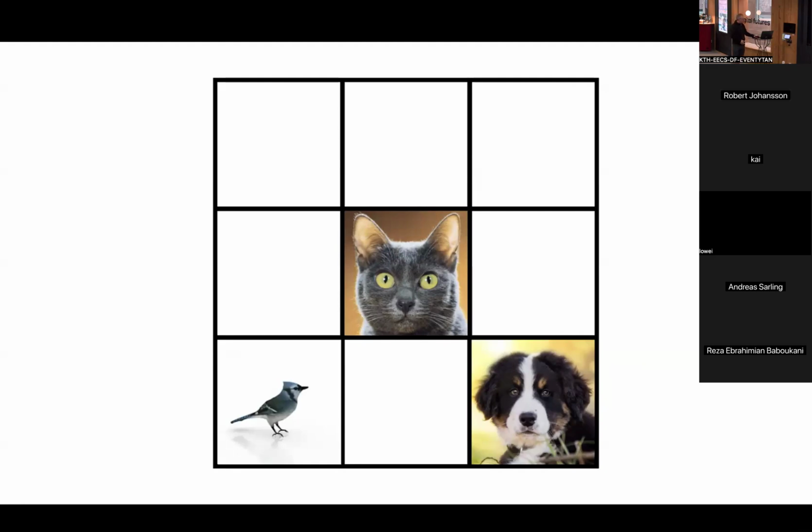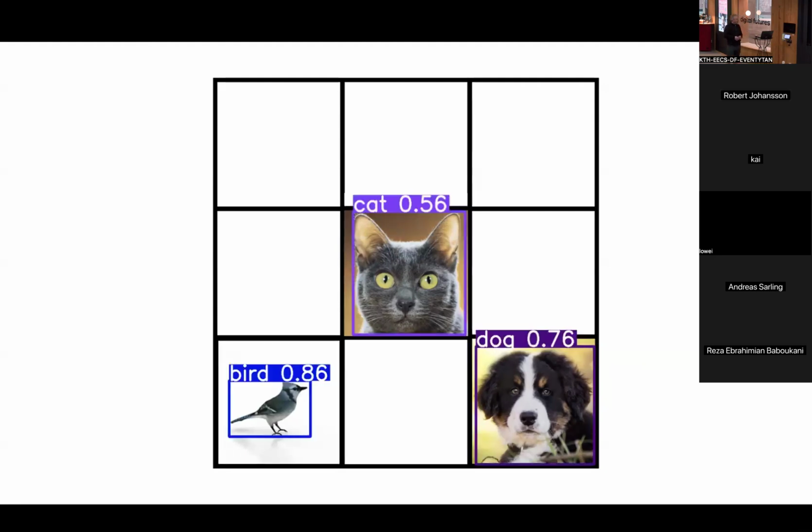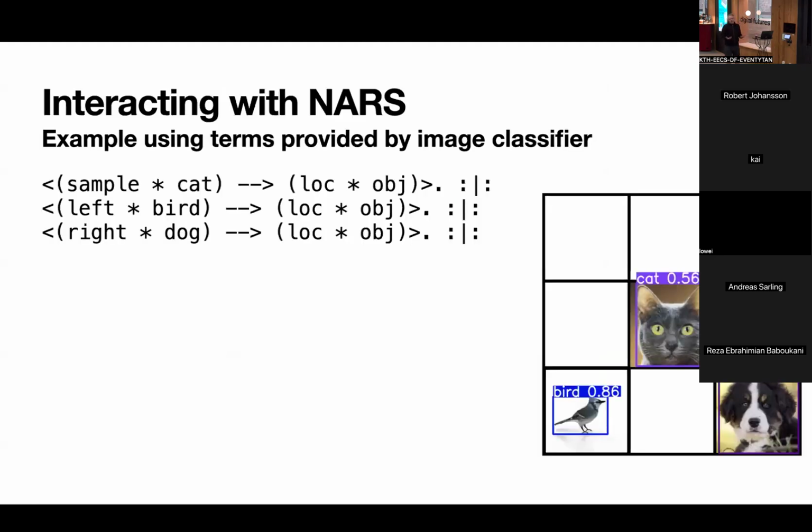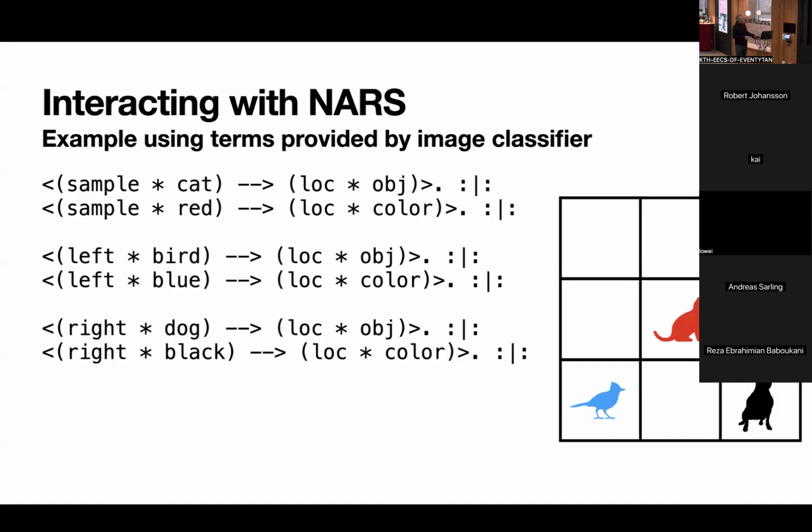Let's say that we have YOLO, which is a very common object classifier. So maybe this is identified as a cat, a bird, and a dog. Then NARS can also reason on these events. So the eyes of the system can be an object detector as defined by some kind of deep learning model. Or maybe we have that in combination with color. So a red cat or a blue bird or a black dog.